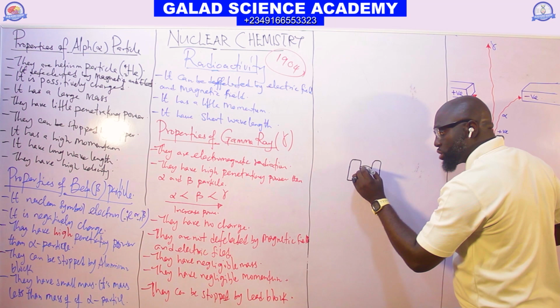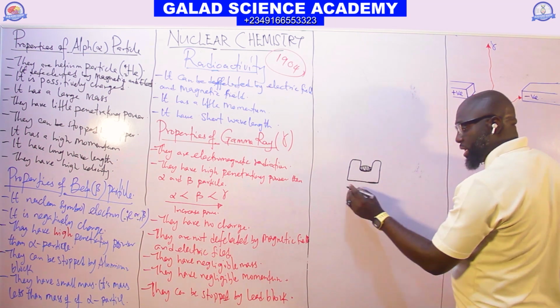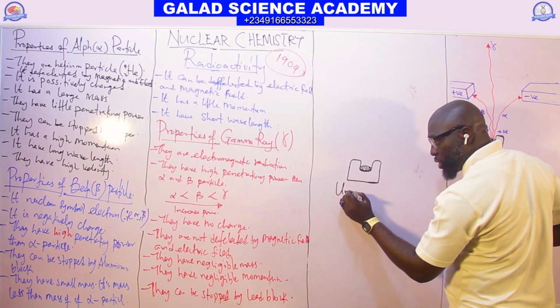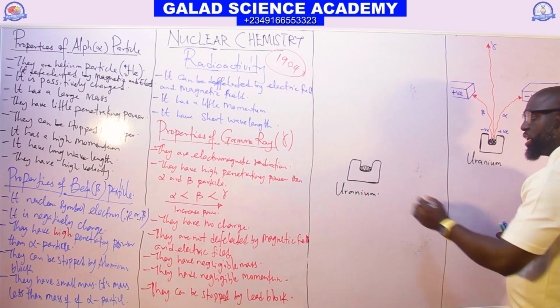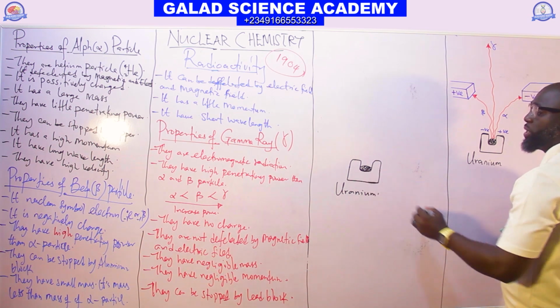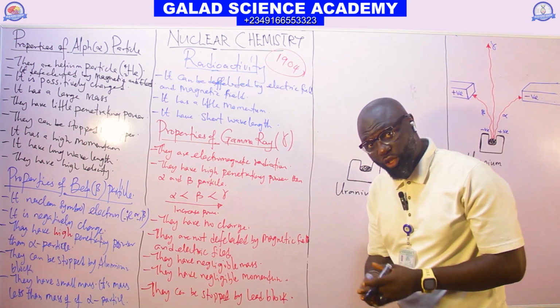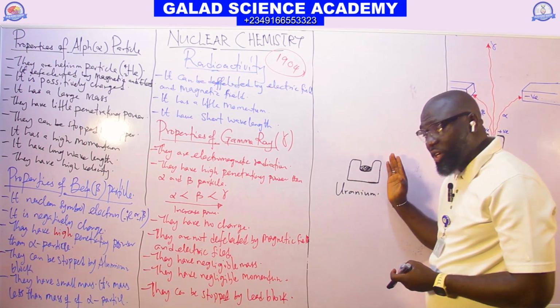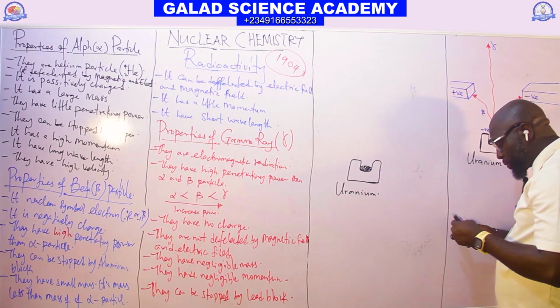Assume this is the nucleus of radioactive elements. Let me say this is uranium. So this is the nucleus of uranium. If this uranium exhibits spontaneous disintegration, so it's a natural radioactive element.